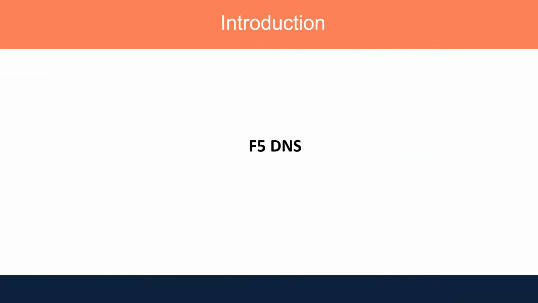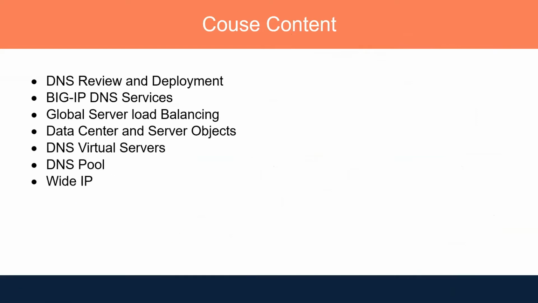Now I would talk about the course content that we are going to cover here. Probably you may be aware of these terminologies, and if you are not aware, don't worry, we are going to cover all those things. So these are mainly the course content that we are going to cover, right? We will talk about DNS review and its deployment.